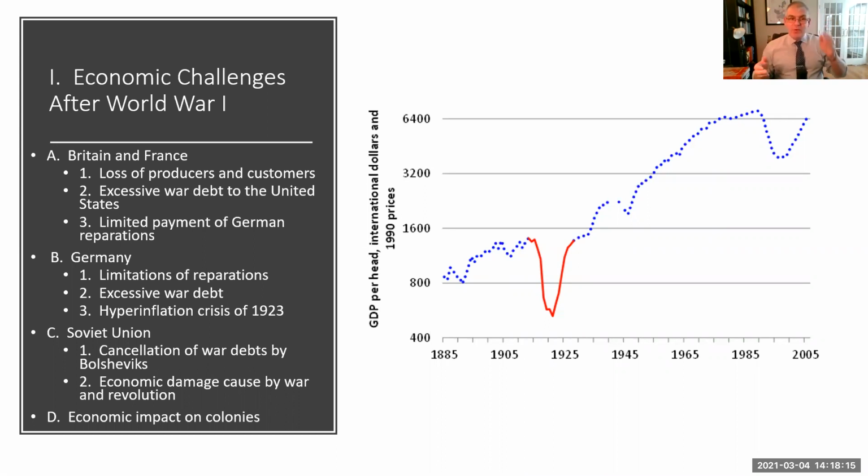So what you're ending up with is the Bolsheviks, now the Communist Party, simply washing their hands of any war debt that they had. Second, the Civil War and the revolution in World War One had created significant damage to the Russian economy. It depressed their production.